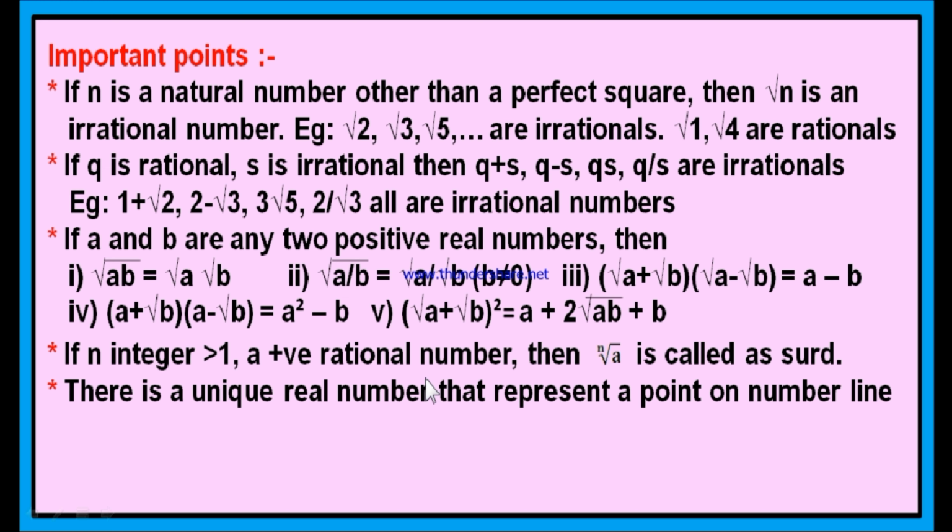Real number means it may be either a rational number or an irrational number. Therefore, it is clear that every point on the number line represents either a rational number or an irrational number. Means, in other words, every rational number can be represented on the number line and every irrational number can also be represented on the number line.